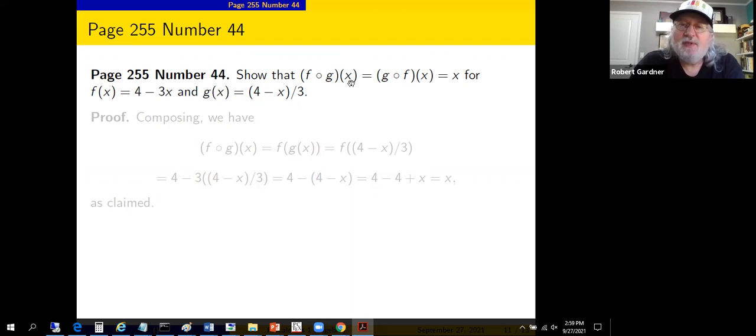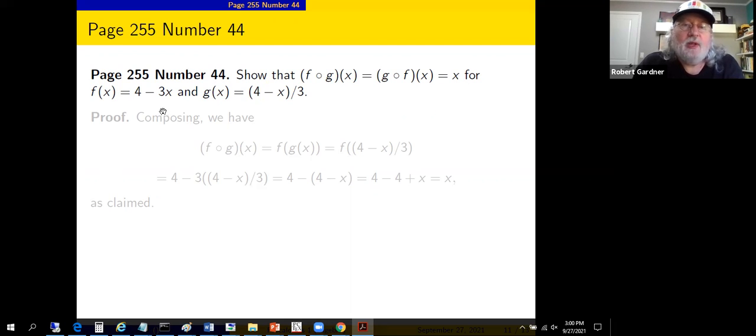If I take this composition and I put 7 in, assuming 7's in the domain, we'll get 7 out. g will take that 7 and turn it into something else. f will take that something else and turn it back into 7. Similarly, if we look at the composition in this order, whatever one function does, the other one undoes. That's the reason we're getting out a function that does nothing. It's the identity function. We put x in, we get x out, assuming it's in the domain.